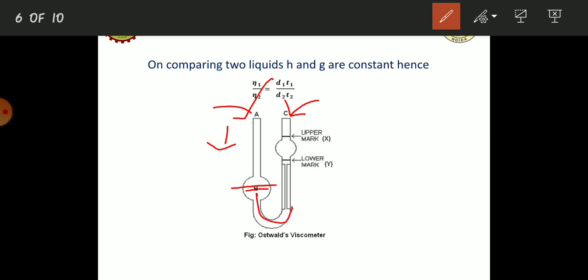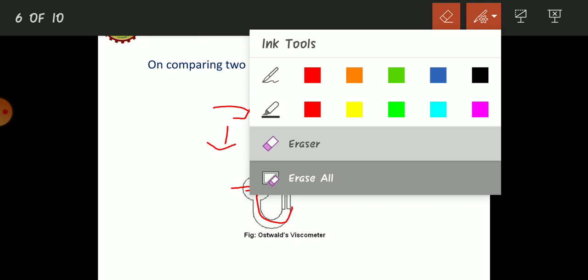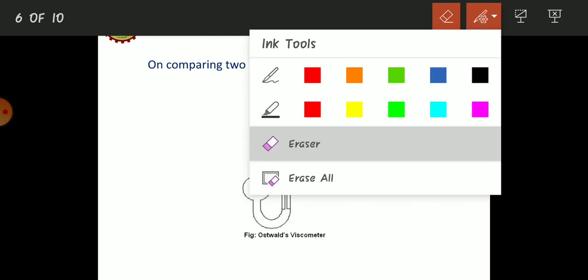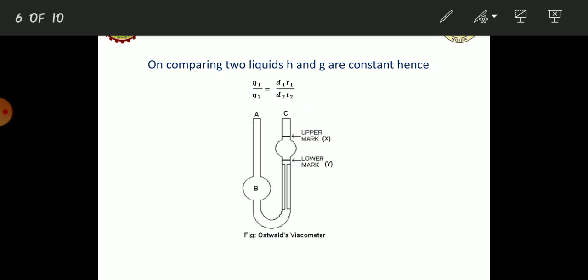Here we have attached rubber. Through the rubber tubing, suck up the liquid until it rises above the mark X, until here.